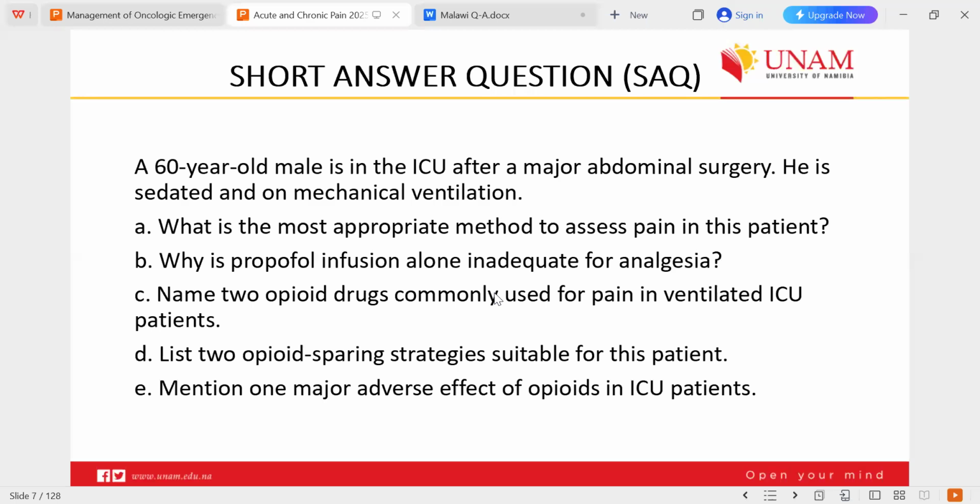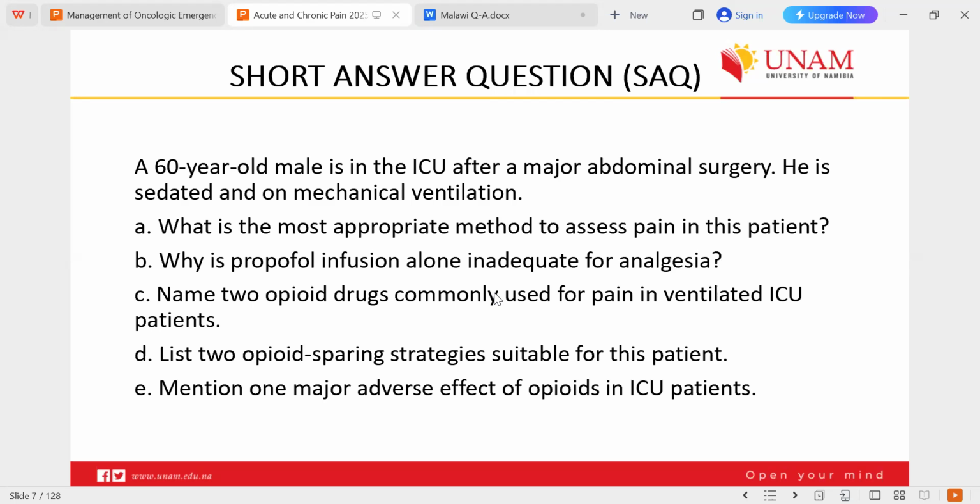Okay. This is a short answer question. A 60-year-old male patient is in the ICU after a major abdominal surgery. He's sedated and on mechanical ventilation. A. What is the most appropriate method to assess pain in this patient? B. Why is propofol infusion alone inadequate for analgesia?